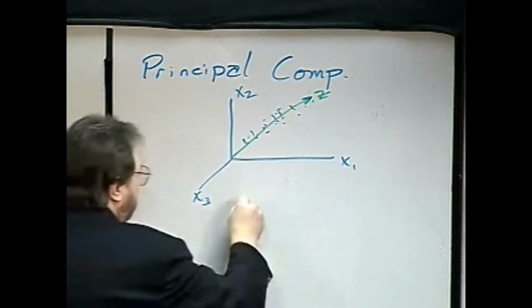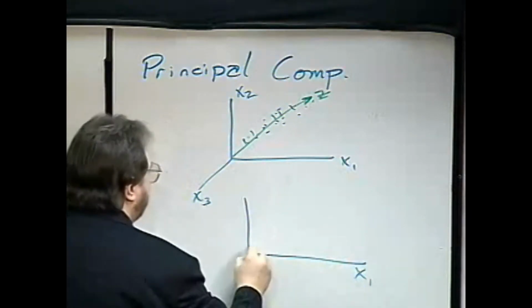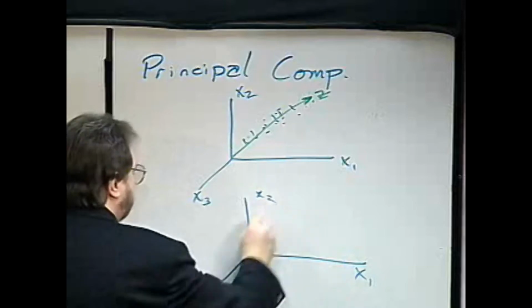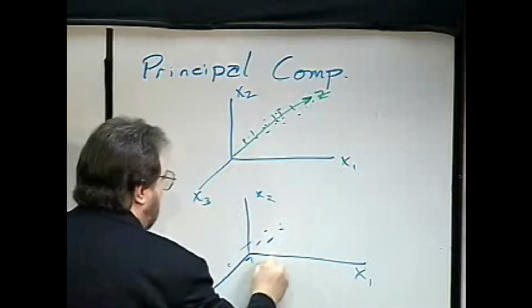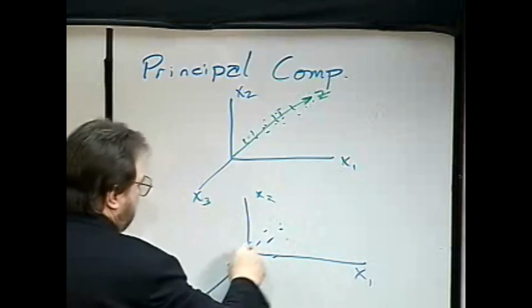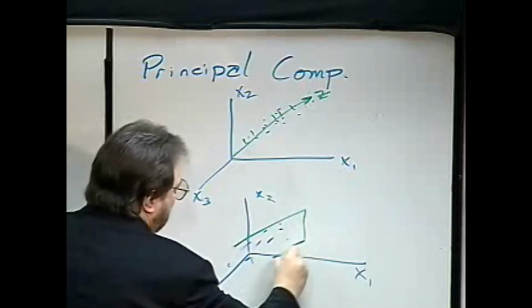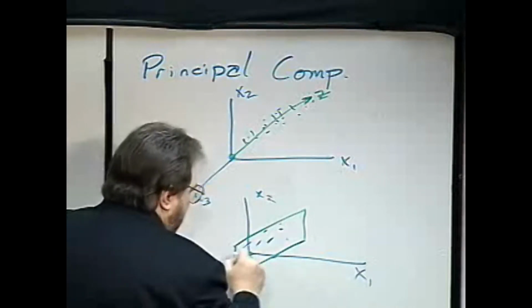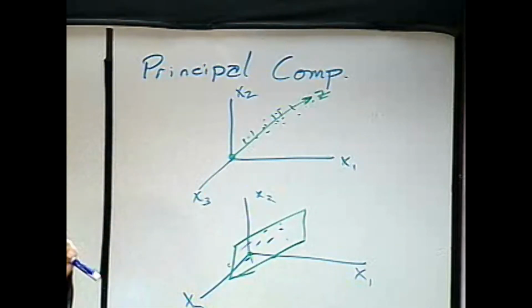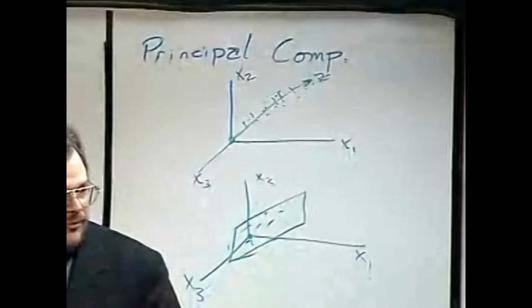Similarly, maybe a line isn't enough. Maybe in this high dimension, things lie on a plane. Okay? Maybe all of this data lies on a plane. And by the way, all of these go through the origin, as we'll see. So maybe all of the data lies not exactly on a plane, but very, very close to a plane.